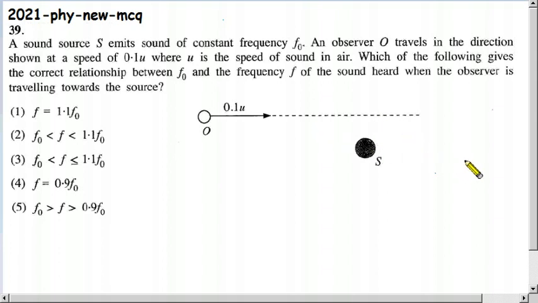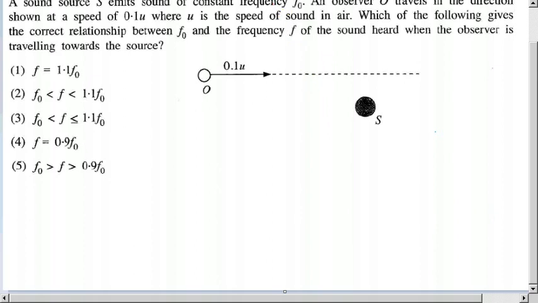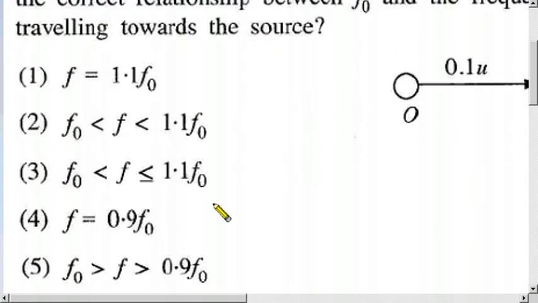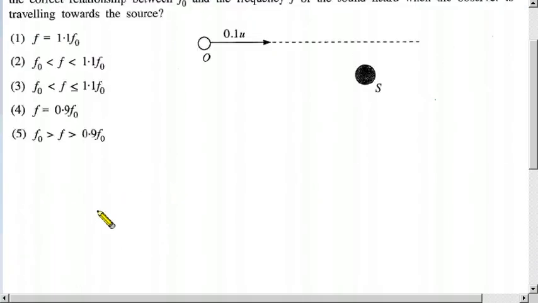So let us first recall our lesson. In the classroom, what you learn is that both are on a straight line. So first we draw a straight line like that.